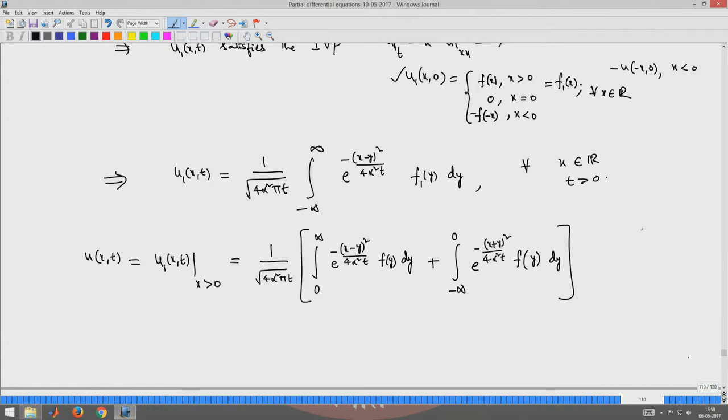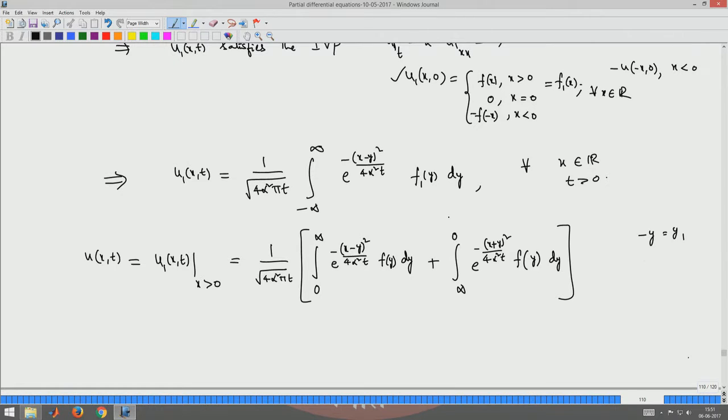Earlier y was from minus infinity, so the limits will change to infinity to 0, okay. So, you have minus, plus, so you get infinity to 0. Let us say earlier what you have is minus y equal to y1. If y is minus infinity, then minus y is plus infinity.